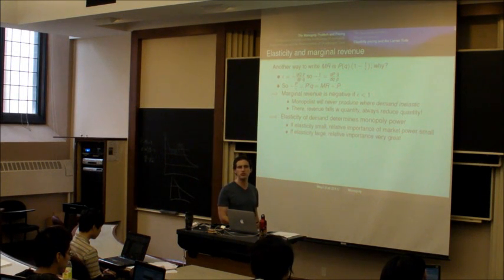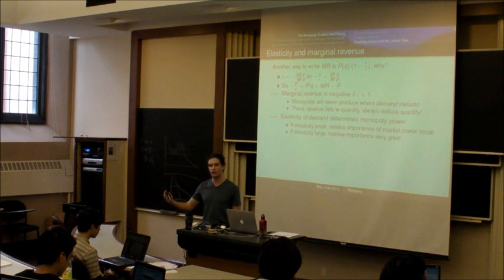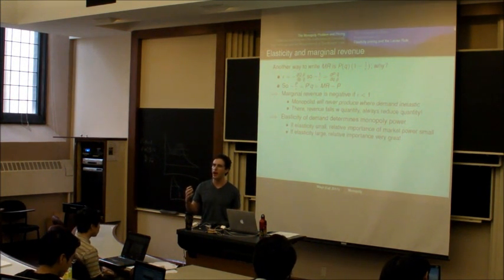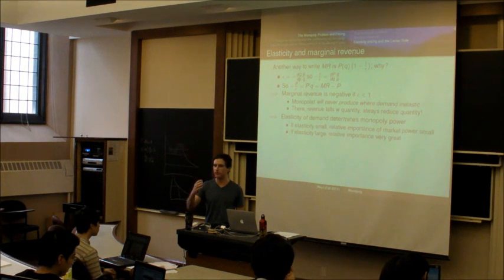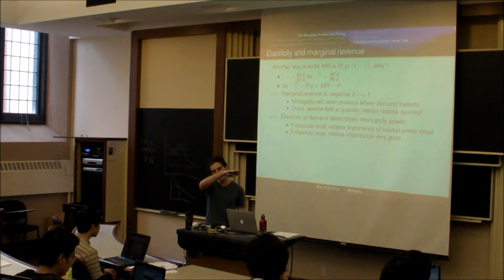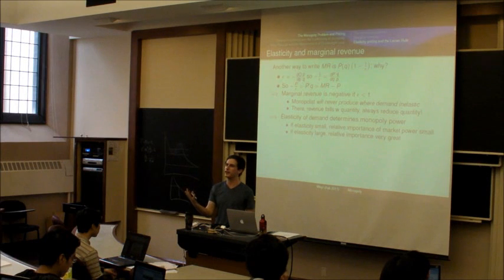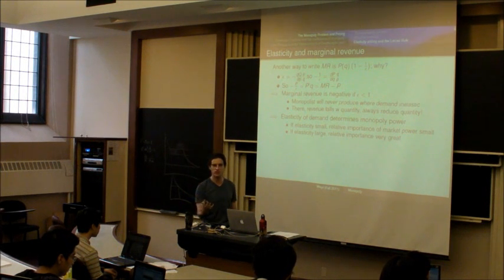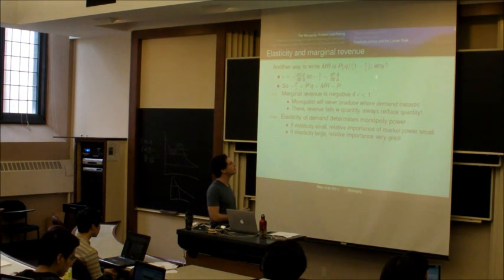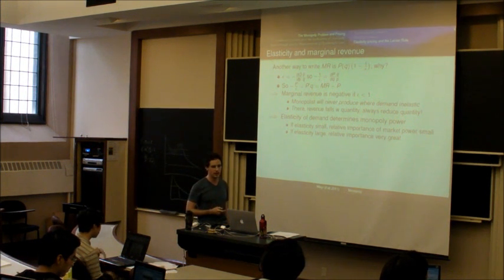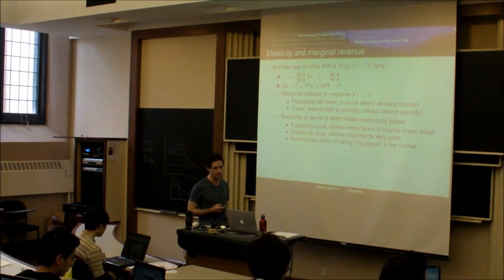And this is pretty intuitive given what we said before, because the elasticity sort of measures how big of a firm am I in the market. If I increase my price by 1%, how much does that change the demand? If it changes it by a ton, if the demand curve is very flat, I can't affect prices very much. If it changes it by a little, then I'm a big part of the market, and I can affect prices a lot.